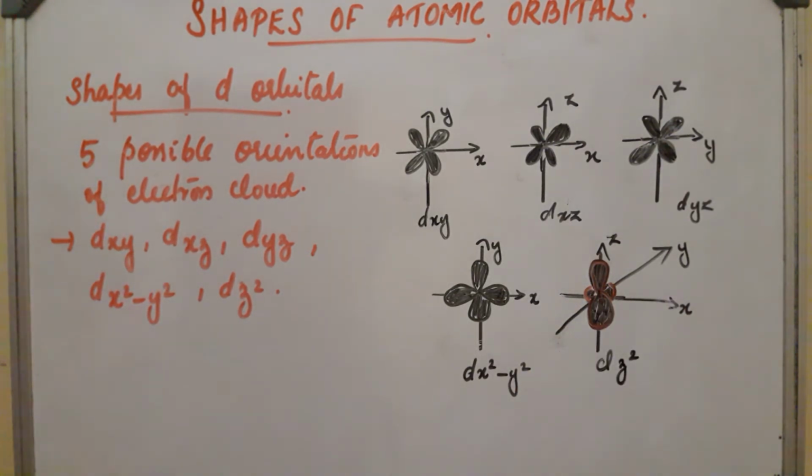In the case of all other d orbitals, as n increases, the shape is similar to this, but they differ in their energy and size. Their sizes will change and their energy also increases as n increases, but the shape of those orbitals are similar to this. These are the different shapes of d orbitals.